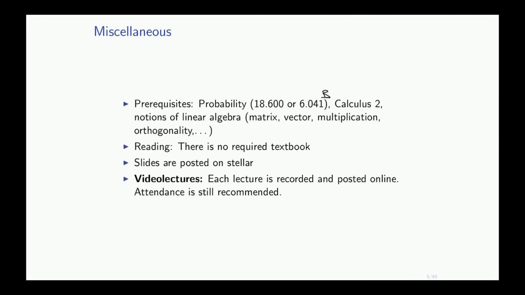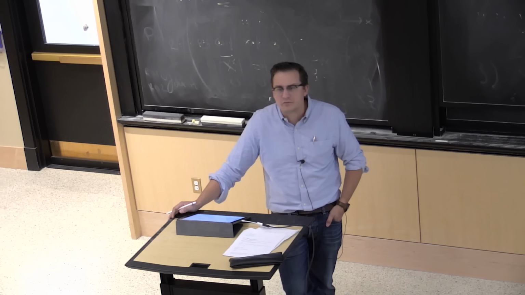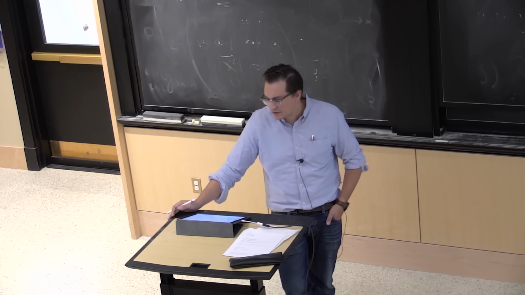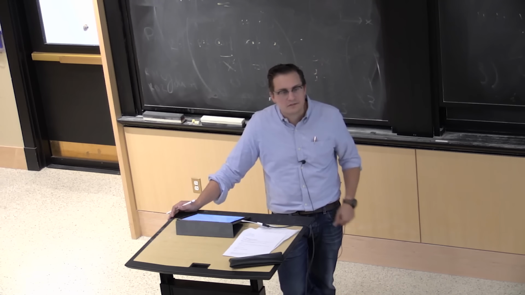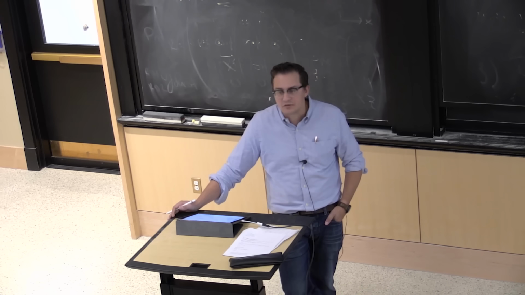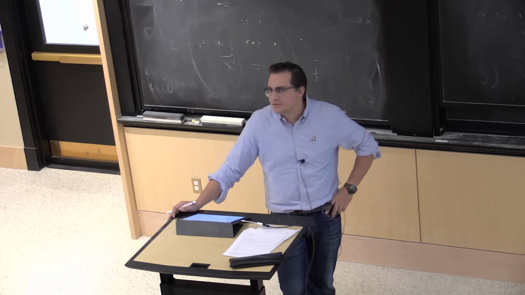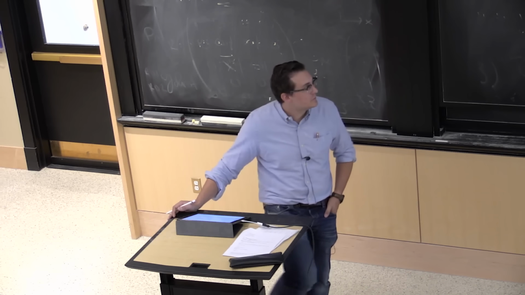I will require you to know some calculus and have some notions of linear algebra, such as what is a matrix, what is a vector, how do you multiply those things together, some notion of what orthogonal vectors are. We'll talk about eigenvectors and eigenvalues, but I'll remind you of all of that. So this is not a strict prereq, but if you've taken it, it doesn't hurt to go back to your notes when we get closer to the chapter on principal component analysis. The chapters as they're listed in the syllabus are in order, so you will see when it actually comes.